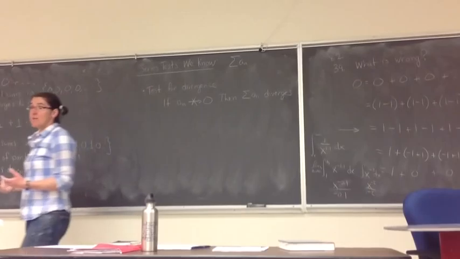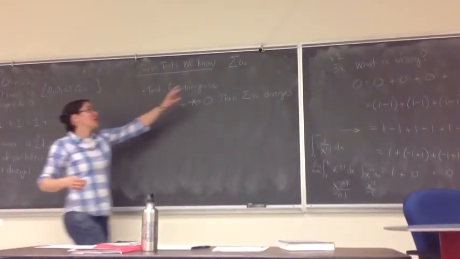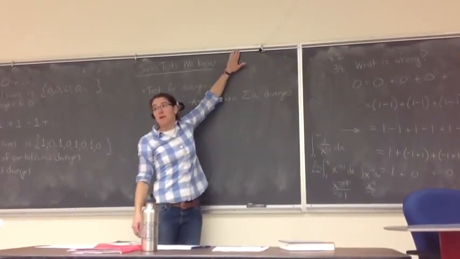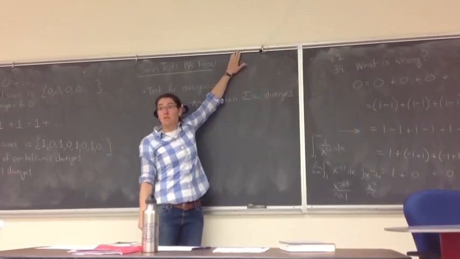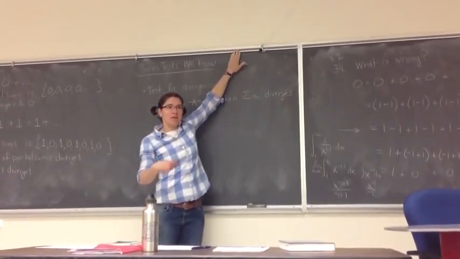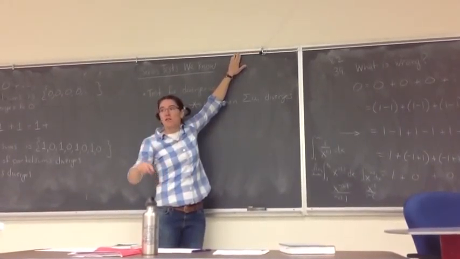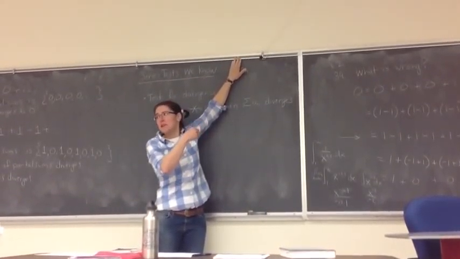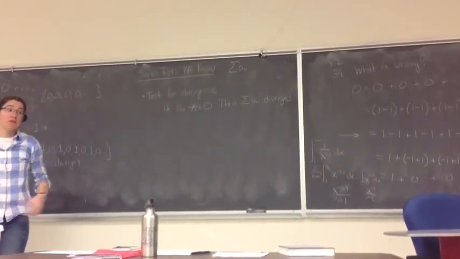So the very first thing I might want to do when this series jumps out from the dark alley is say, let me look at the terms. I want to cover up the summation and ask, is the sequence of terms converging to 0? If the answer is no, if they're bouncing all around, or if the terms are going off to infinity, then automatically my series diverges. So that's the very first thing I want to look at.